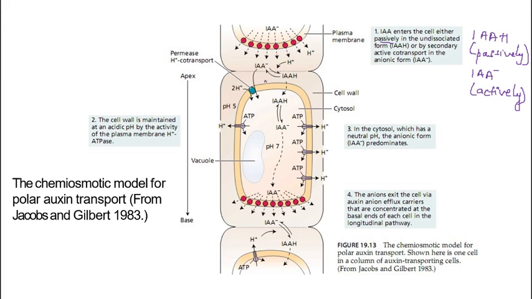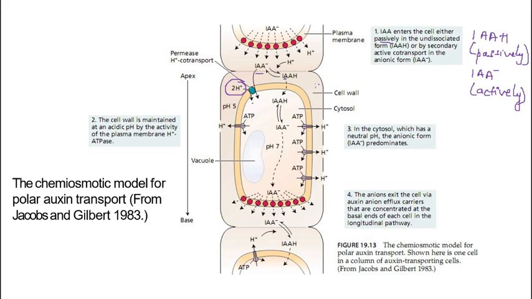The second point is that the cell wall is maintained at an acidic pH by the activity of the plasma membrane. We saw that the apoplastic region has a pH of 5 and the inside has a pH of 7. But due to this process, H plus is entering into the cell. When auxin is transported inside through AUX1, hydrogen enters the cell.